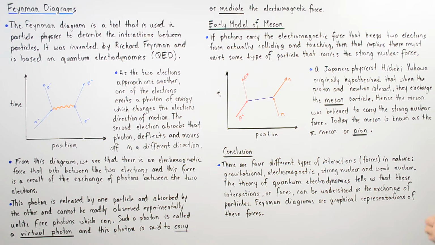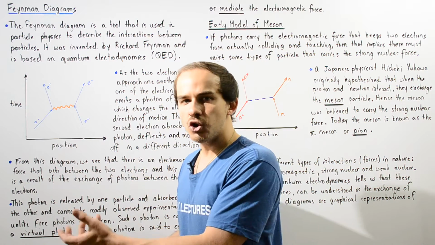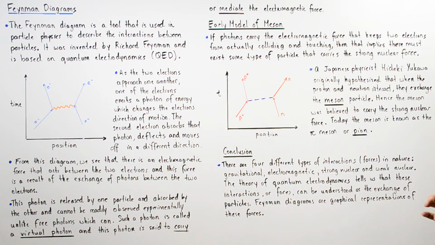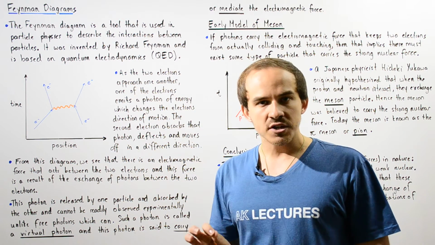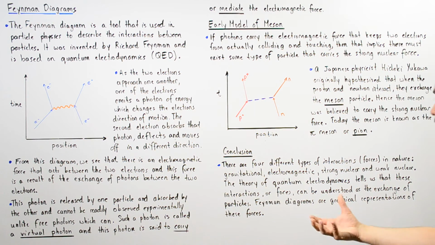So now let's conclude what the Feynman diagram is, why it is used, and what it actually represents. So, we know that in nature, there are four different types of forces. We have the electromagnetic force, the gravitational force, the strong nuclear force, and the weak nuclear force.